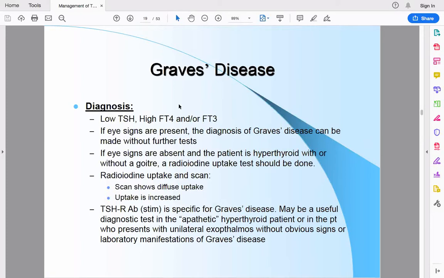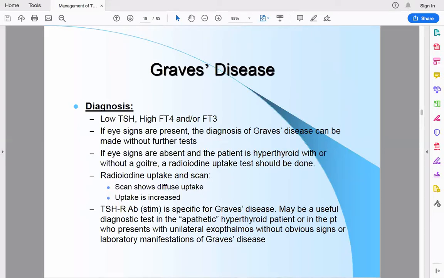We have a high free T4 and T3. The eye involvement is really suggestive of Graves' disease. So the symptoms may say this is hyperthyroidism, but when you see an eye involvement, this is highly suggestive of Graves' disease in particular. You can do a radioiodine uptake scan.